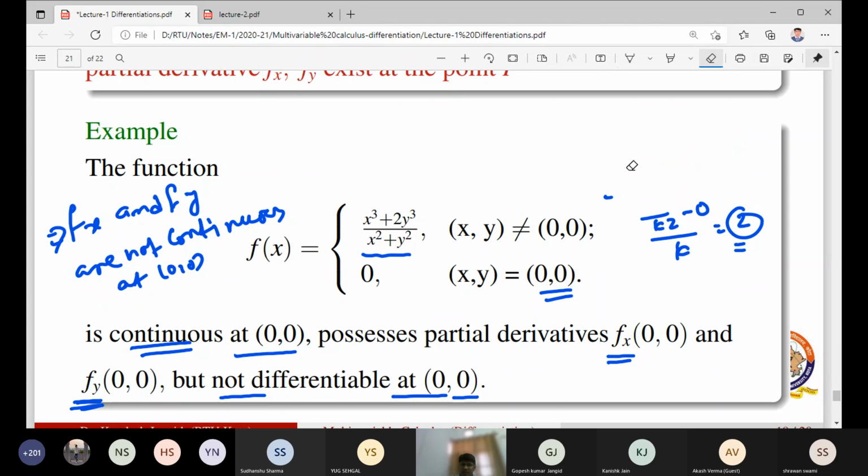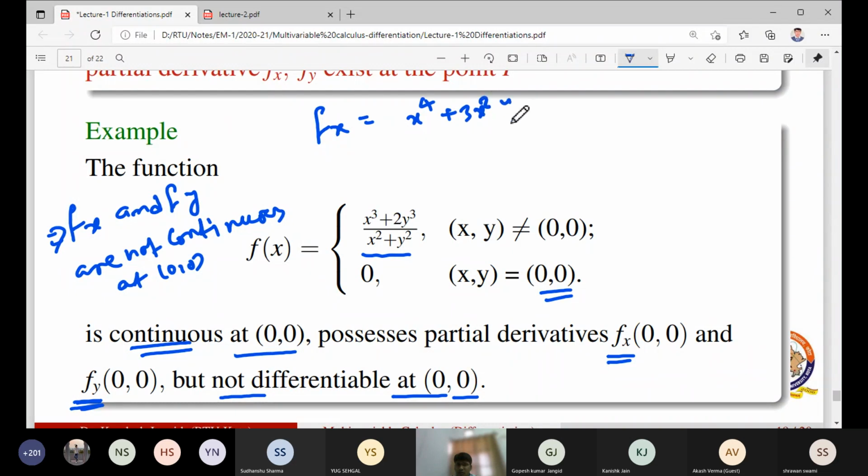Because if you calculate the partial derivatives, so if you take the partial derivative with respect to x, right? If you differentiate this function with respect to x, then fx equals to, if you simplify, x की power 4 plus 3x square y square minus 4xy cube upon (x square plus y square) की power 2, for (x, y) not equals to (0, 0).